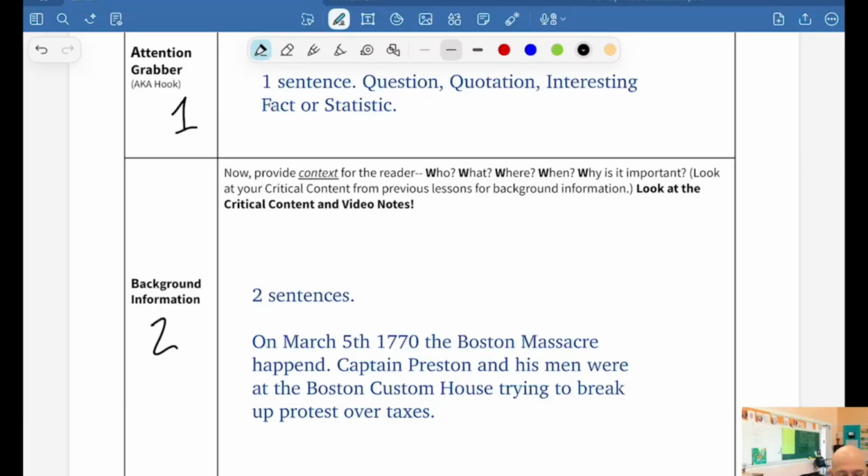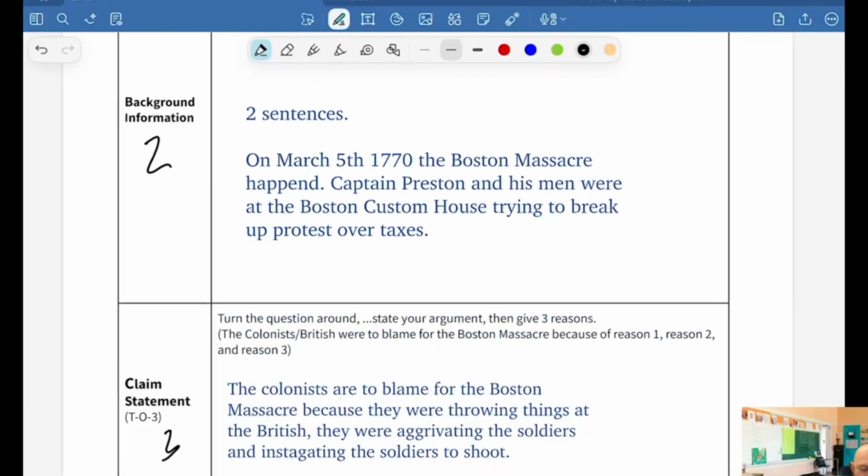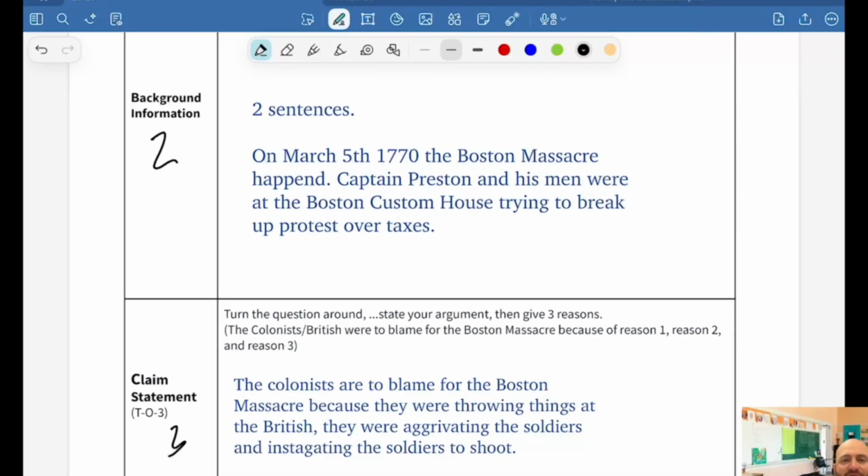So for example, we wrote here: on March 5th, 1770, the Boston Massacre happened. Captain Preston and his men were at the Boston Customs House trying to break up a protest over taxes, and then things got weird, right? And then we have our claim statement, and we know that for our claim statement, we need how many reasons? Not 1, not 2. That's right, 3 reasons. And then you have your essay, guys.